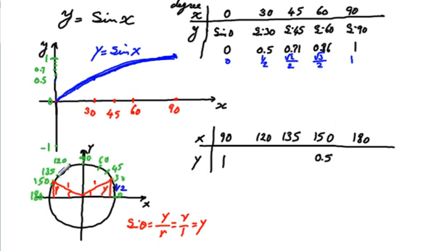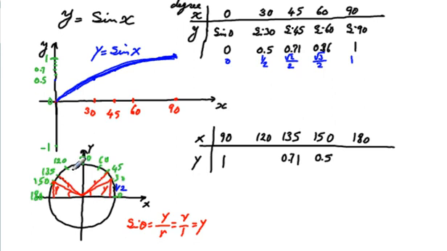How about at 135? So, yes, let's see. At 135, the situation is a copy of whatever we had at 45. So at 135 and 45, the answers are the same, 0.71. How about at 120?